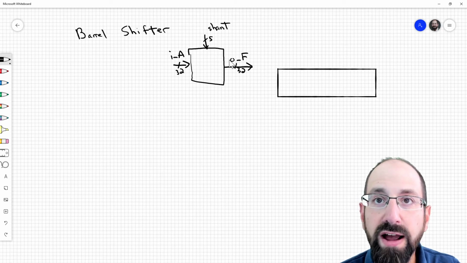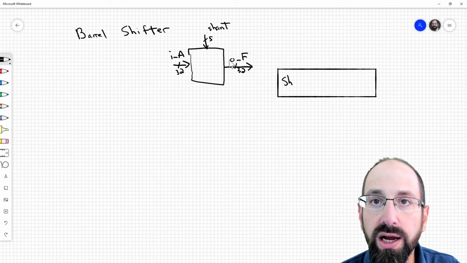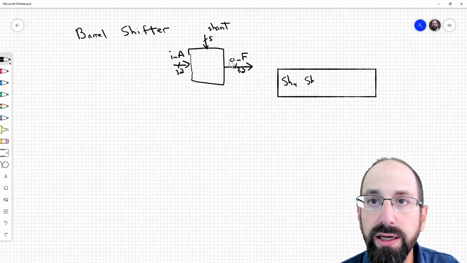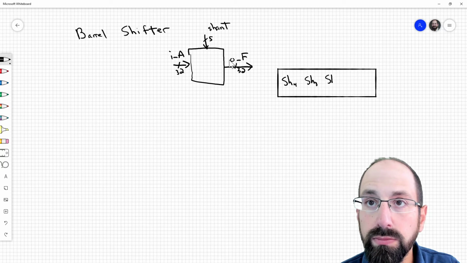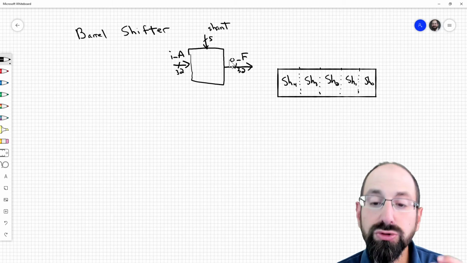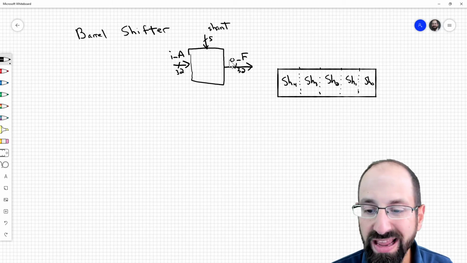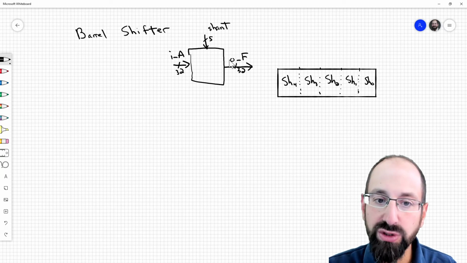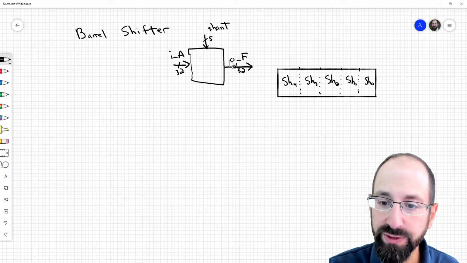So if these are our 5 bits of shift, I'm just going to label them as SH 4, 3, 2, 1, and 0. Those are the 5 bits of the shift amount, which we can treat as control inputs to different shifters that we can then concatenate together to get a total of that 5 bits of shift.